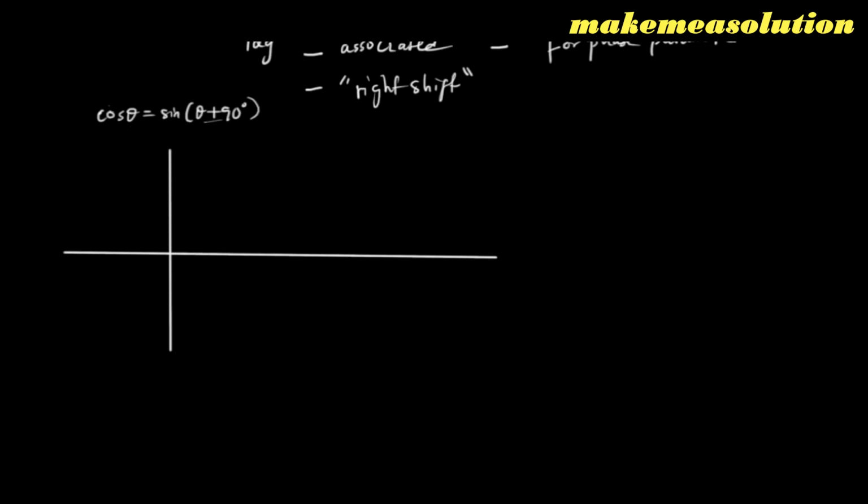We all know this is the graph of the sine function. So you have your sine theta. This is our pi, this is our 2 pi, and this is pi over 2 for 90 degrees. So this is the graph of our sine function.